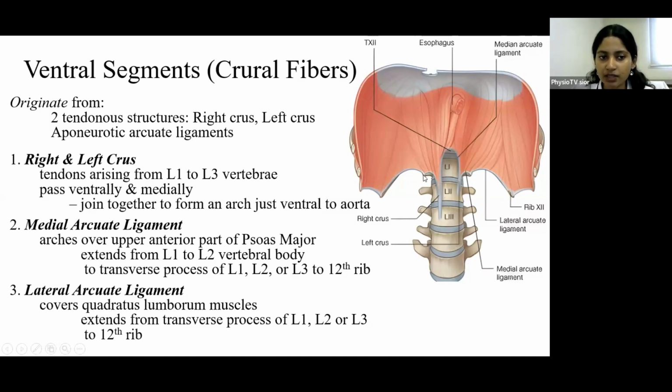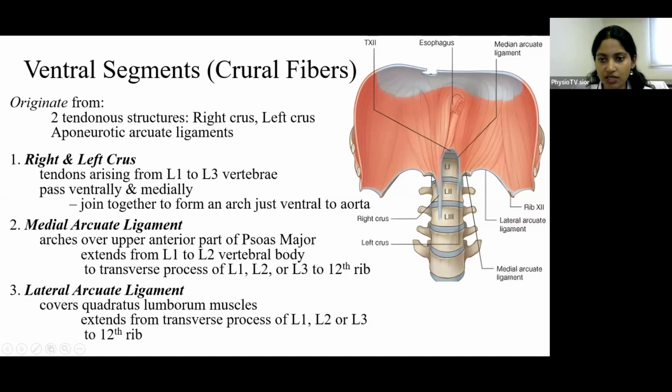So now let's look at the aponeurotic arcuate ligaments. They are divided into two, the medial arcuate ligament and the lateral arcuate ligament, on either side. The medial arcuate ligament runs over the anterior part of the psoas major muscle.